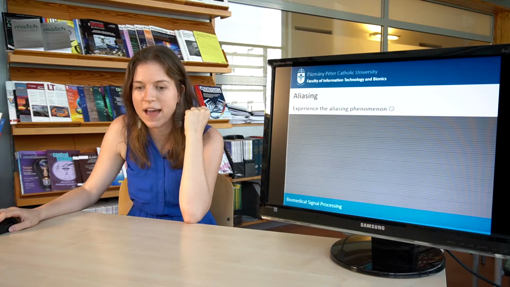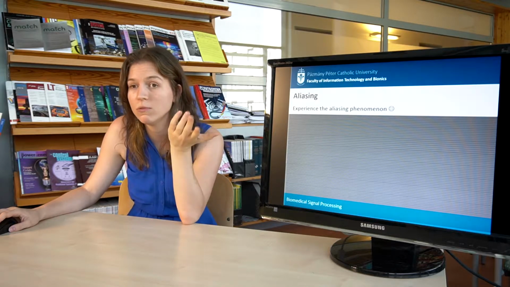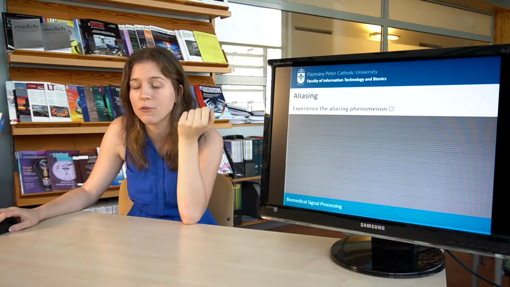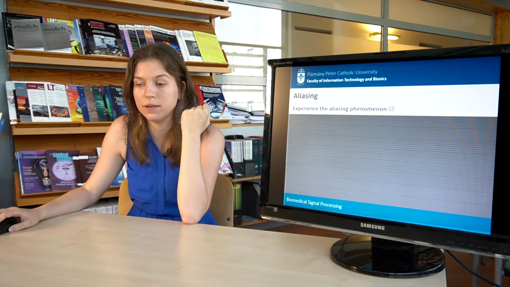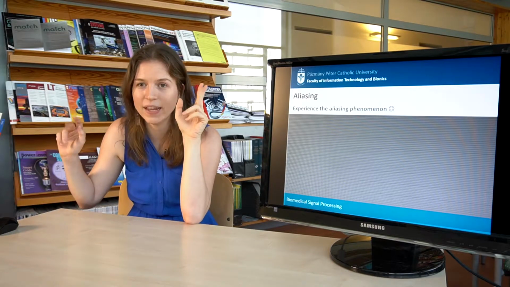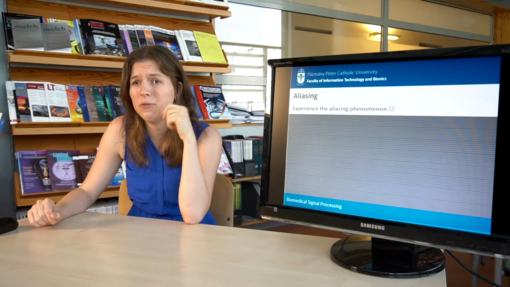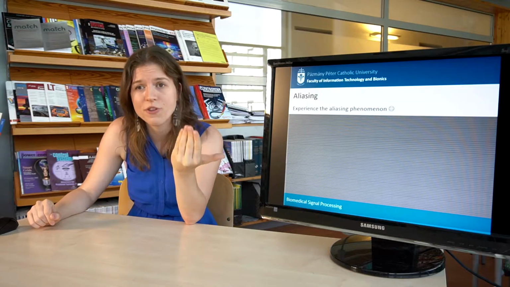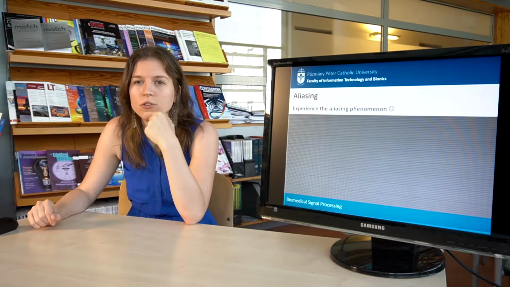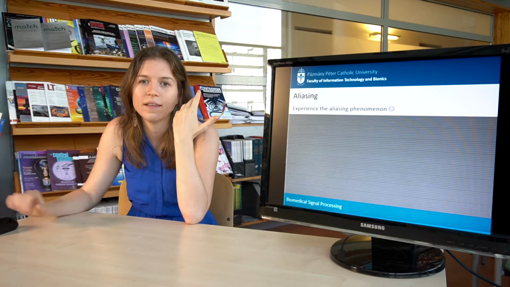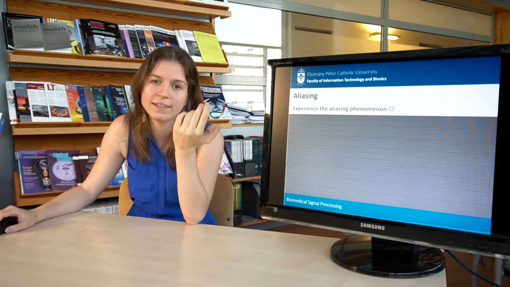Or if you have sound, a sound recording, and you have it sampled wrongly, we will see what is wrongly, then you will hear it distorted. So this is the phenomenon of aliasing.